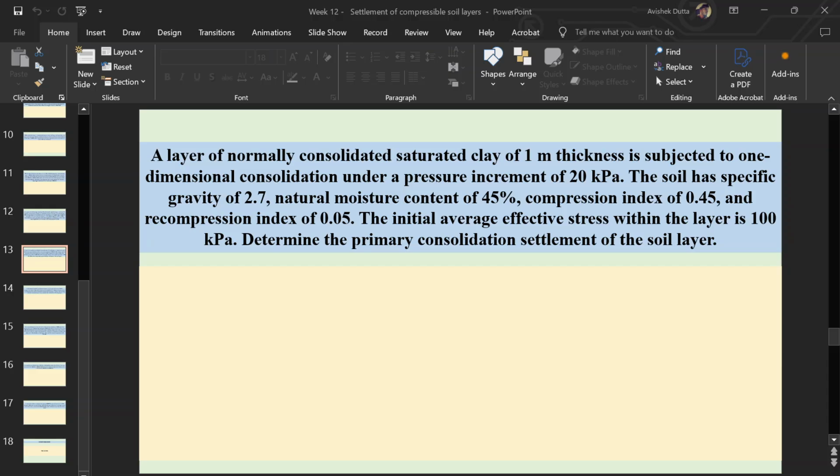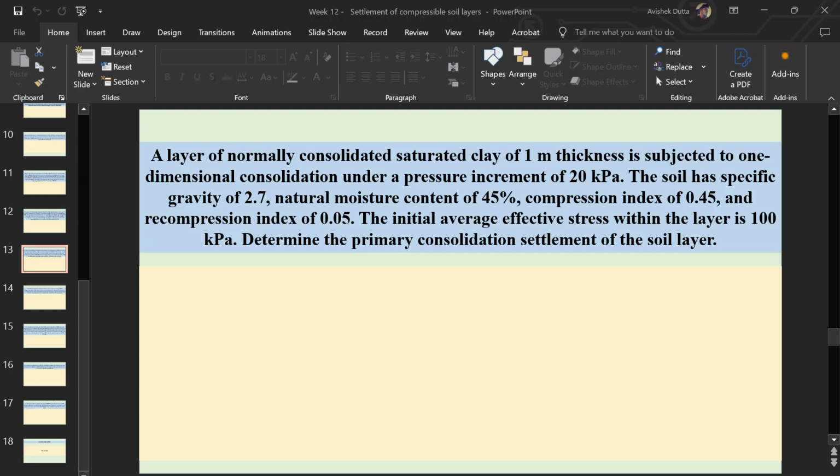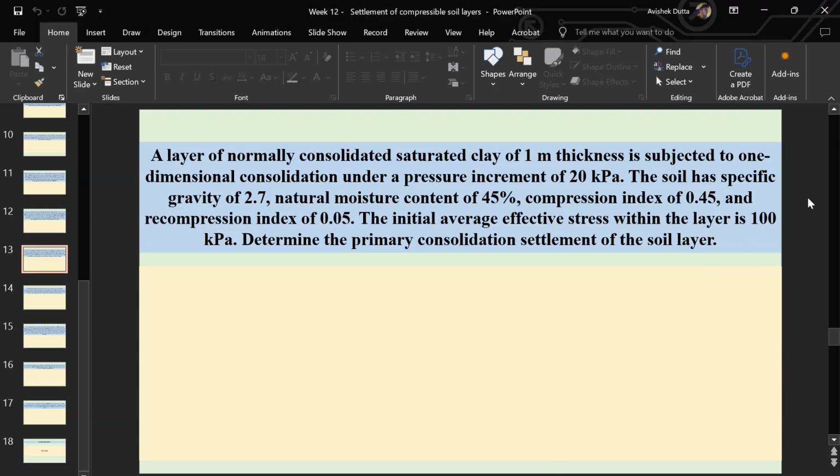A layer of normally consolidated saturated clay of 1 meter thickness is subjected to one dimensional consolidation under a pressure increment of 20 kilopascal.